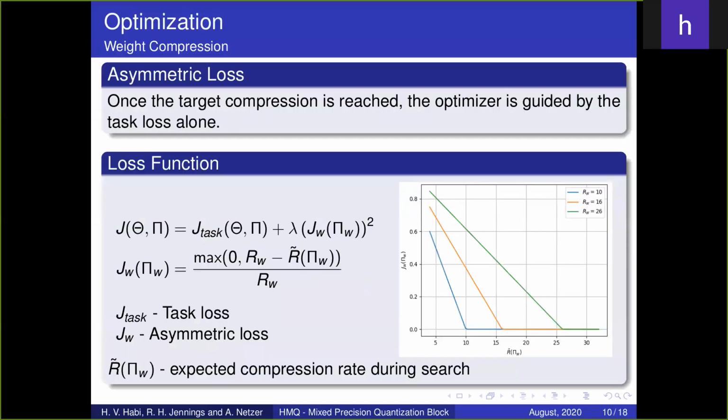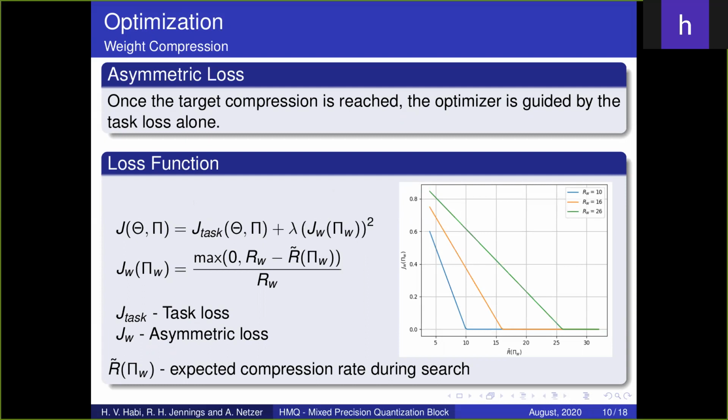Optimization process. Our loss function is built on the idea that during the search, once the target compression is reached, the optimizer is guided only by the task loss. To achieve this, we designed a loss function consisting of two terms: a task loss and an asymmetric compression loss.